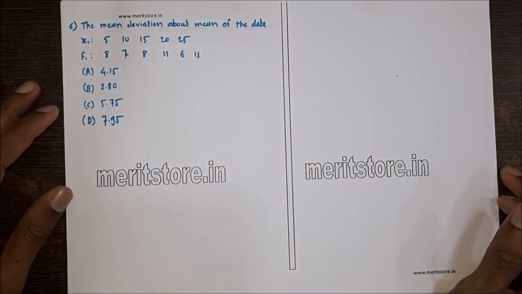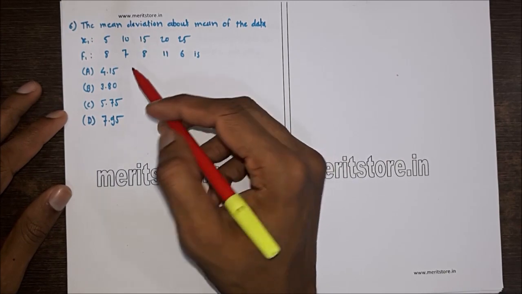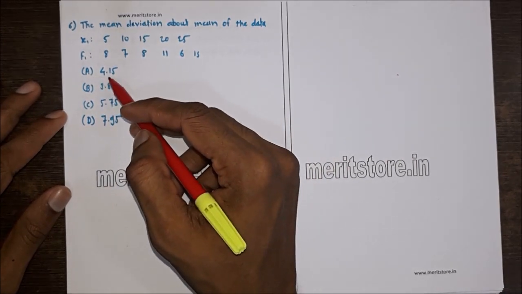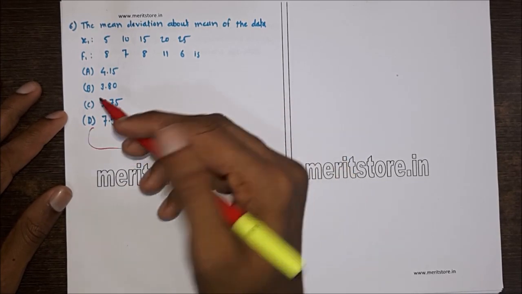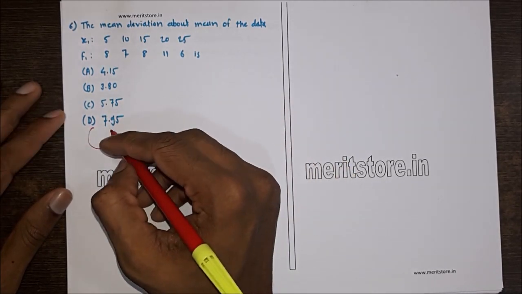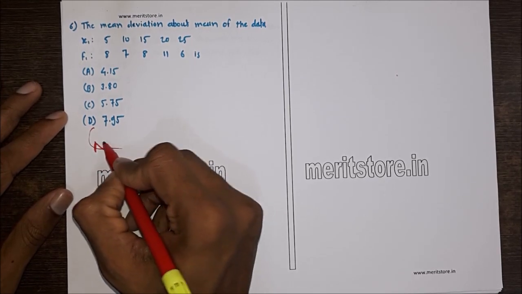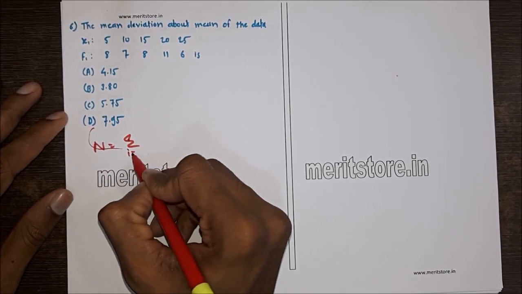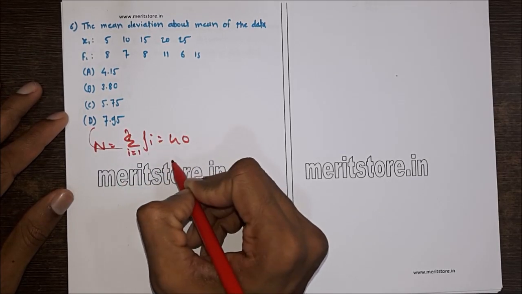Question 6. The mean deviation about mean of the data given in the following table. So we have four options: A 4.15, B 3.80, C 5.75 and D 7.95. So we have n equal to summation of fi from i equal to 1 to n, which is 40.